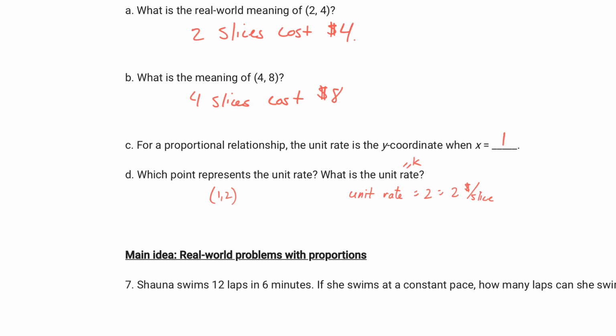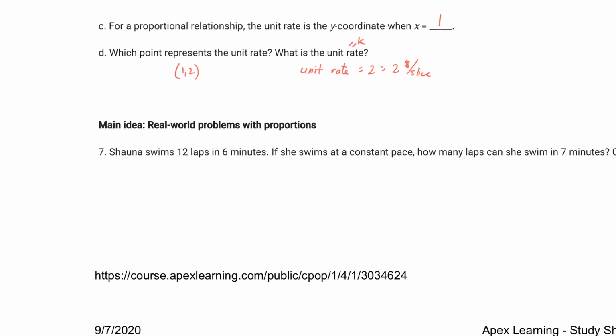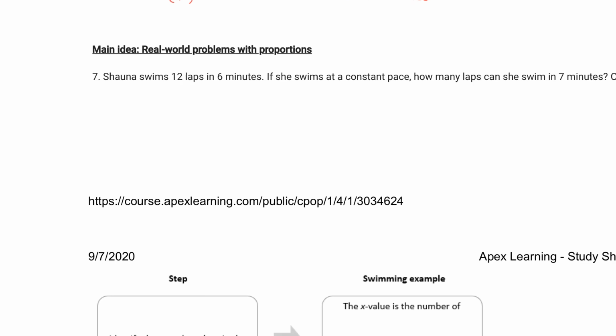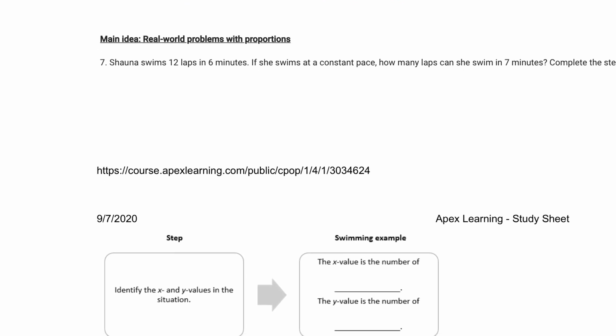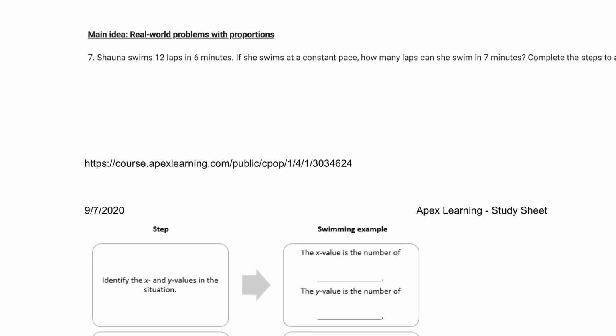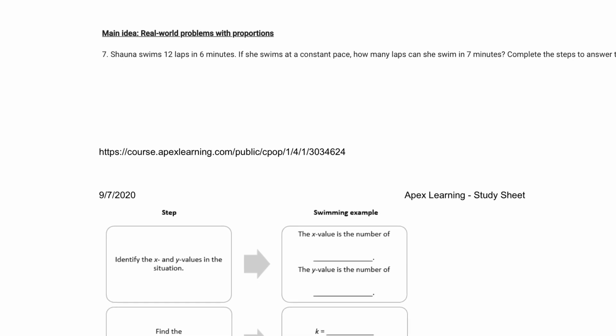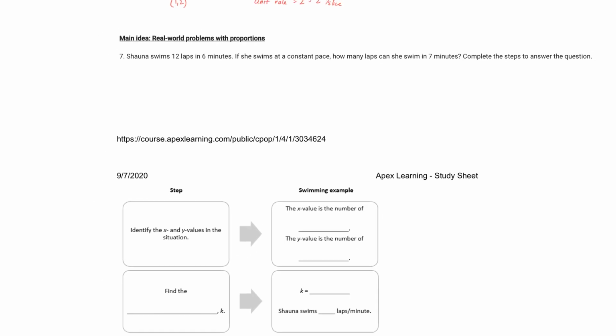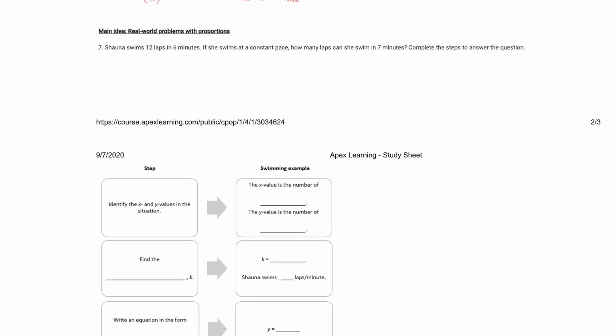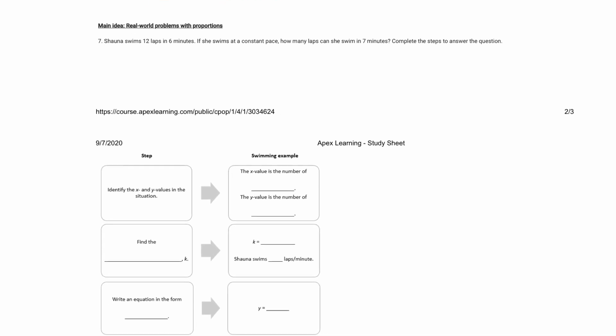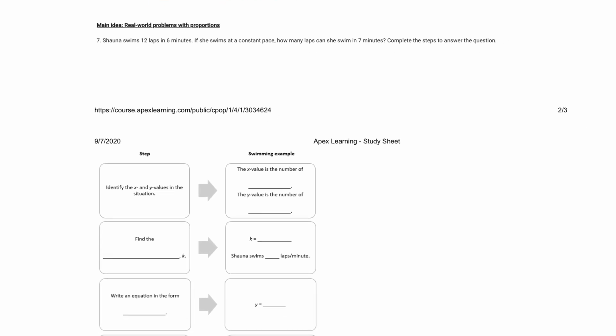Okay, so now we're going to be solving real world problems with proportions. In this problem, I got to make it smaller so I can fit the whole thing in here. Sean swims laps, 12 laps in 6 minutes.